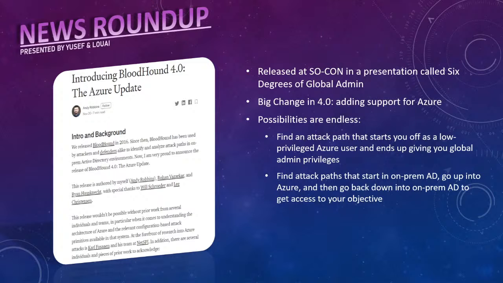You can pivot as much as you want, even if there was no attack path in a purely on-prem environment. If there is something called Azure AD Connect, which connects your on-prem environment to your Azure tenant, you can pivot up and back down, and up and back down again, until you get to your target, the application or the user that you want to try and exploit.